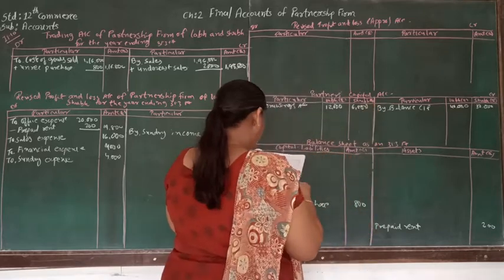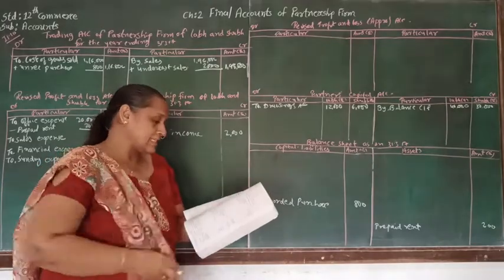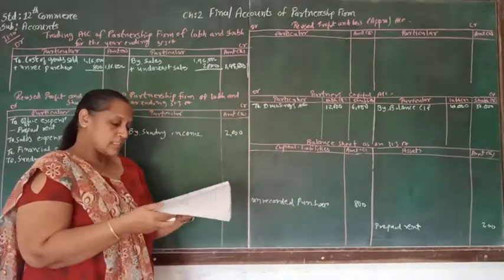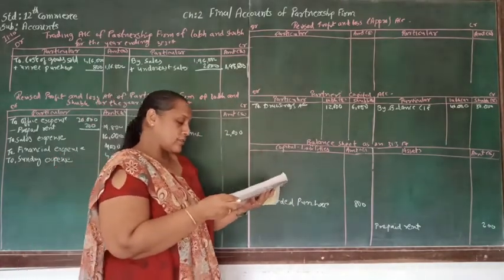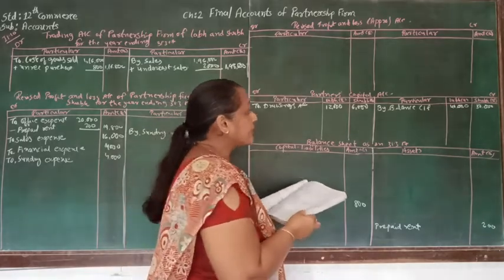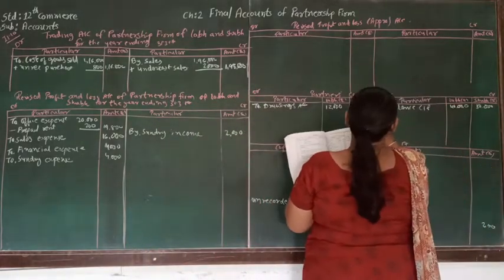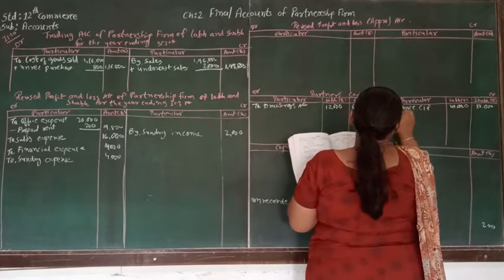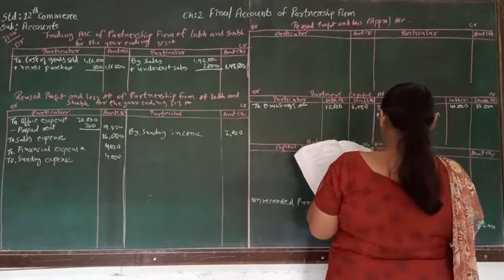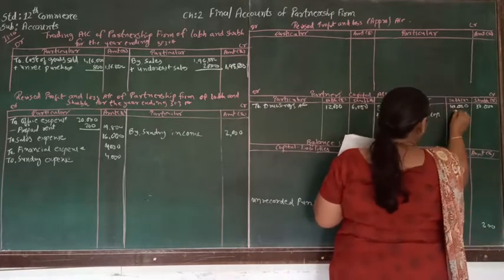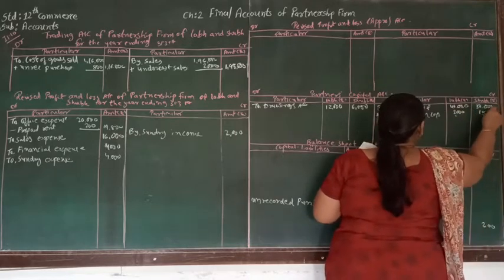Afterwards the another thing given to us is adjustment number 1. Adjustment number 1 is telling us that 5% interest on capital is not calculated. So now let's calculate interest on capital at 5%. On 40,000, 5% will be 2,000 and on 30,000, 5% will be 1,500.